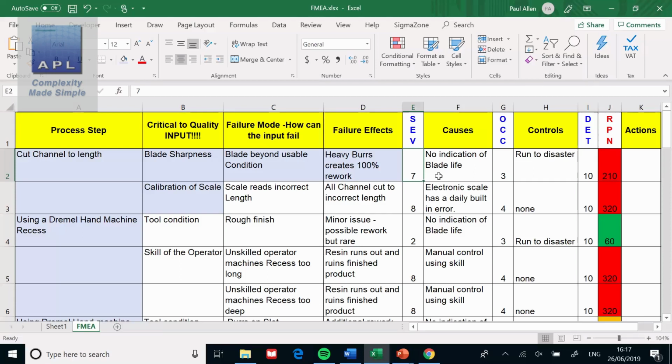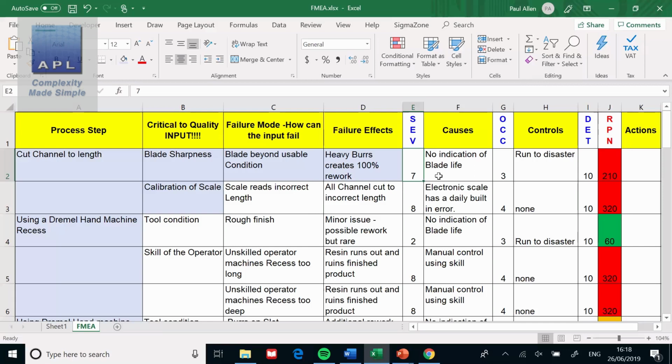To me, something that results in 100% rework is going to be high on the severity scale. Rework is definitely not allowed ever, and therefore if you're getting 100% of it, it's going to be in the high scale as far as severity is concerned.